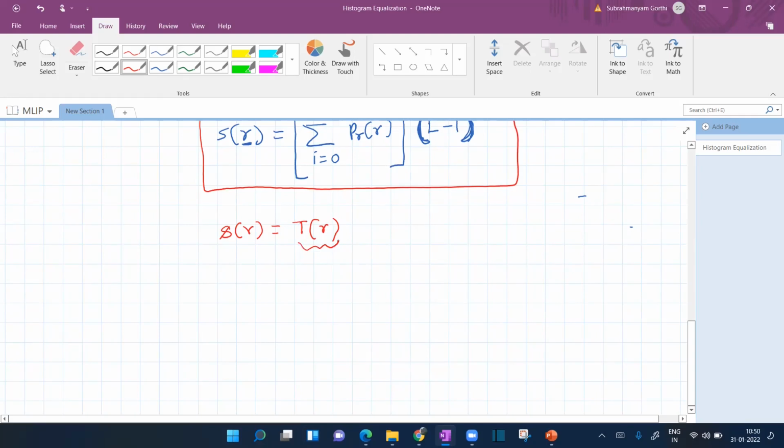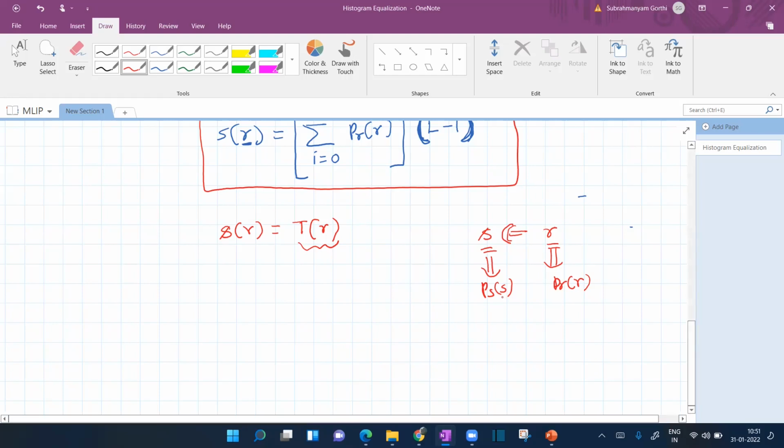Before that, you could see there are two variables S and R. Here I have a probability density function of R. Will the result of applying this transformation still give me a probability density function? Suppose what I got there is PS of S. Will I still get a probability density function there or not?